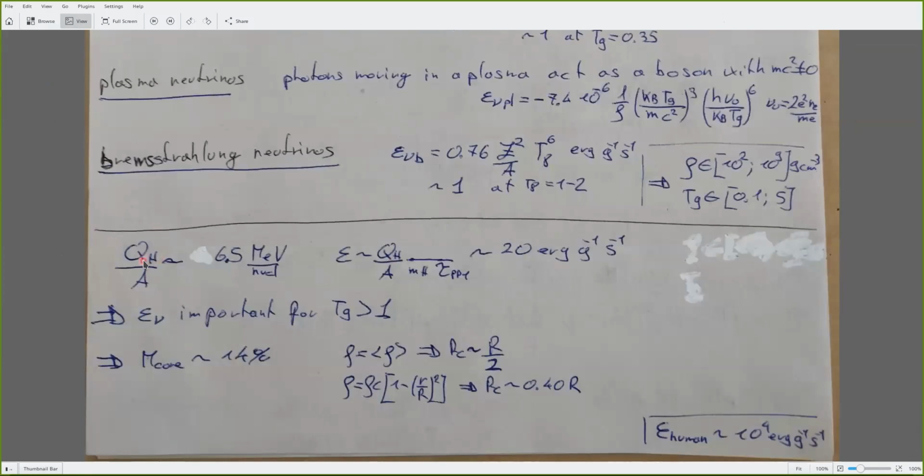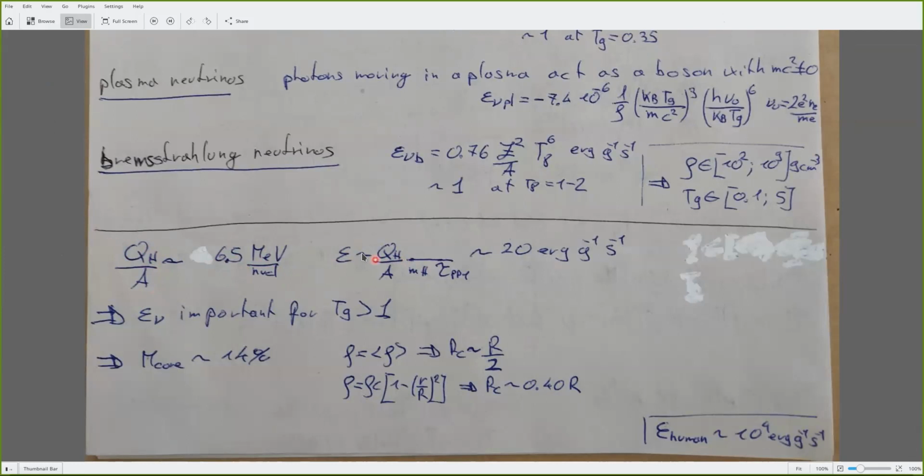The Q value taken for the production of hydrogen burning is this one. The Q value divided by the number of nucleons is 6.5 megaelectron volts per nucleon.